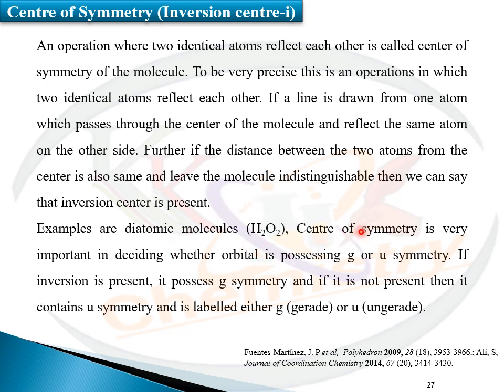Like in orbitals, often g and u labeling are used. Why? In gerade, it means equally; ungerade means unequally. If inversion is present, meaning in g inversion exists, why is it called gerade? Some people pronounce it differently, but to the best of my knowledge it is gerade.